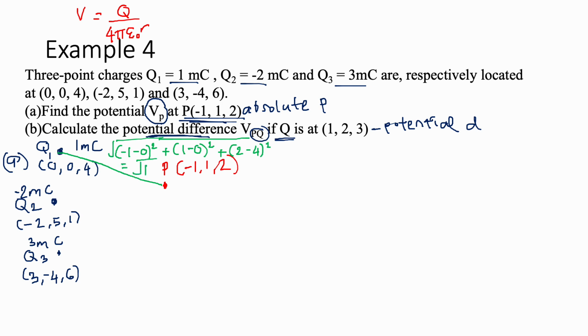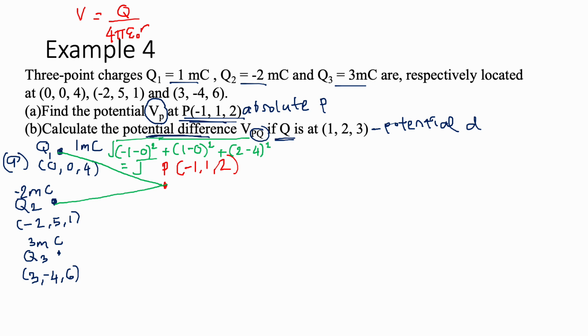You need to proceed with the distance from Q2 to P. Oh sorry, this one you will not get 18. You will get negative 1 minus 0, 1 minus 0, and 2 minus 4, so this one you will get the square root of 6.